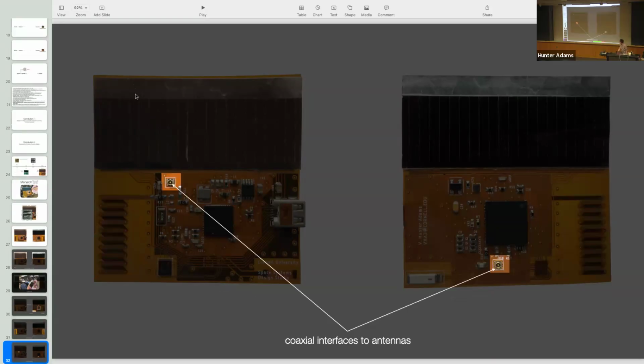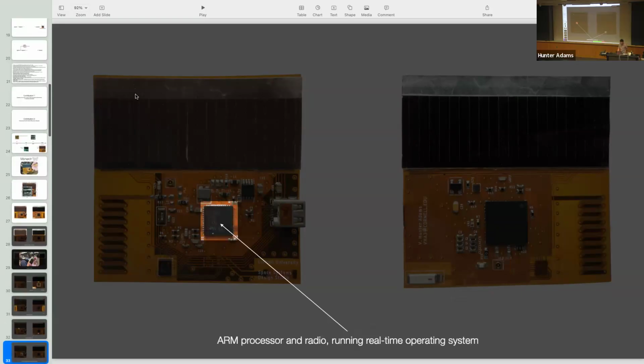There's a little coax there to tune these things by way of a vector network analyzer. I spent a couple weeks doing that. Each of these carries a CC1310 microcontroller, chosen for a couple reasons. One of the reasons that I chose this microcontroller is it's very low power, sort of designed as a low power microcontroller.